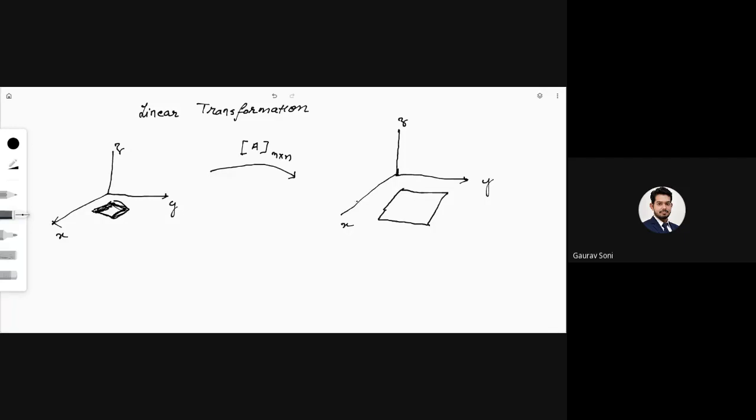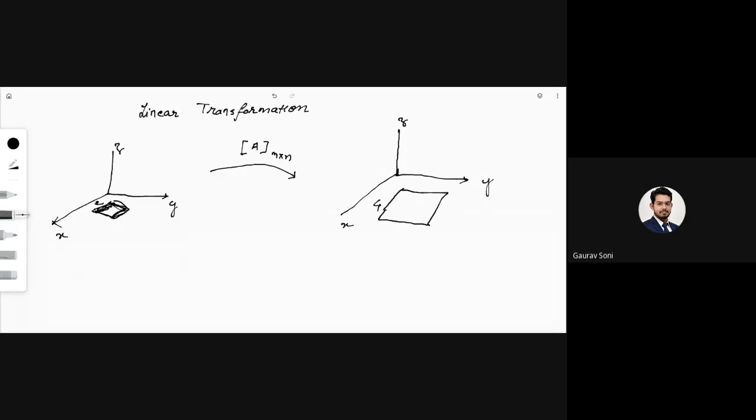What has happened? If you look at this closely, if this length was say 2 units, this has become 4 units. In mathematical terms, there is a scaling. So 2 units has become 4 units after the transformation.